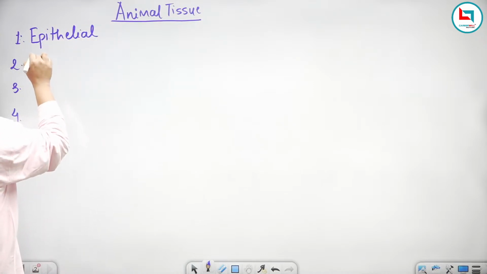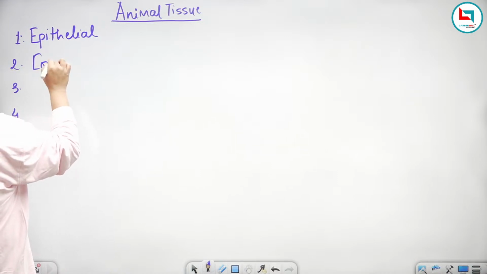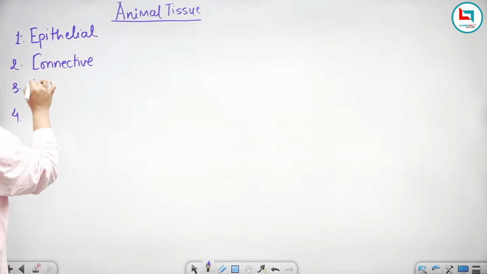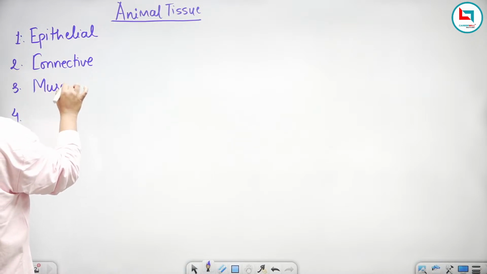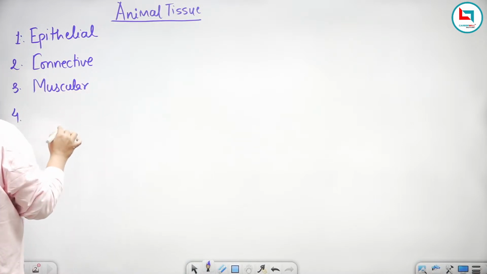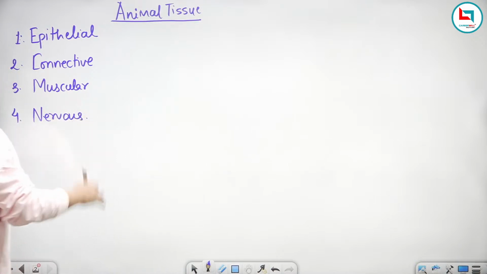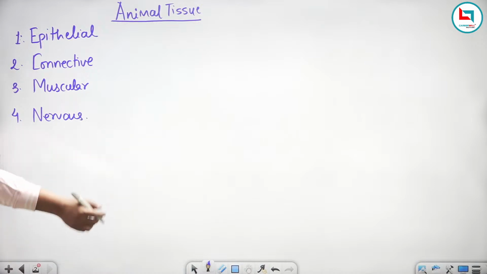Number two, connective tissues. Number three, muscular tissue. And number four, nervous tissue. We'll start from nervous tissue. Then we'll go for muscular, then we'll go for connective. And in the last, we'll discuss about the epithelial tissue.